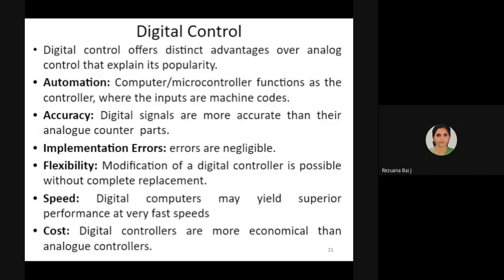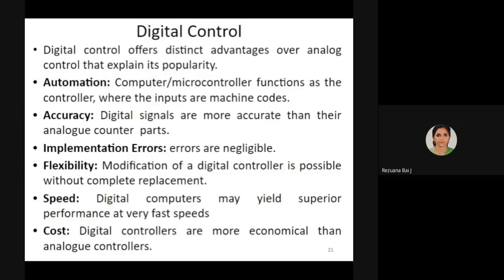The processing of control signals in digital control is done digitally. It involves addition and multiplication with already stored values. So the errors that result from digital representation are always negligible.